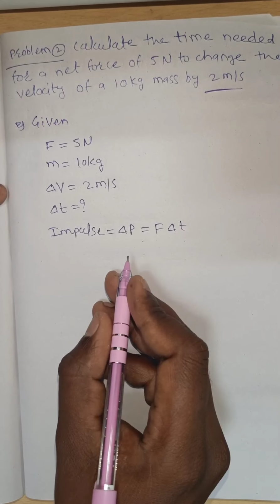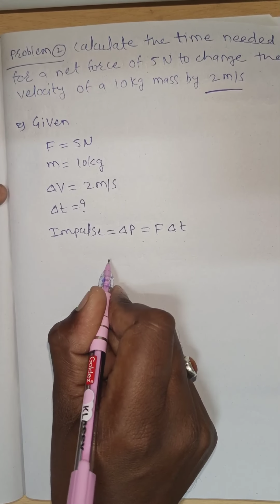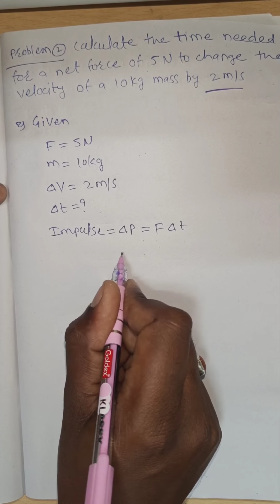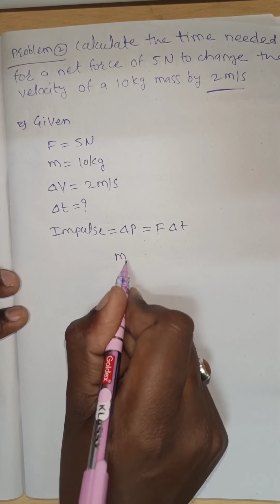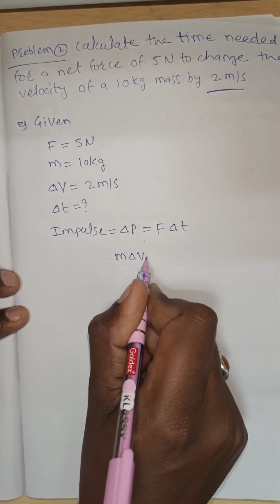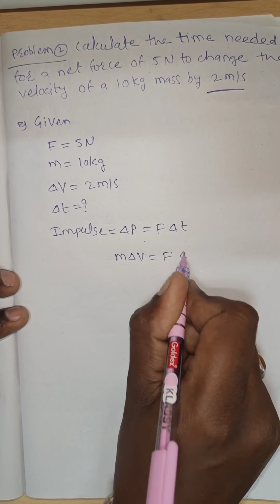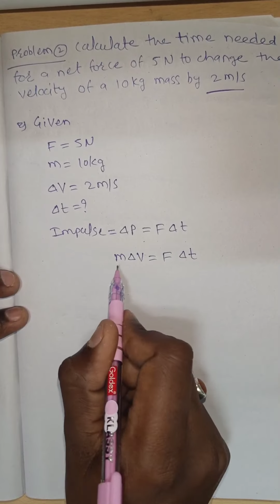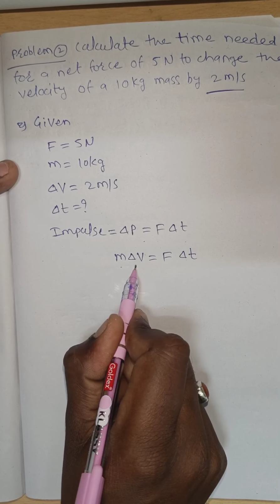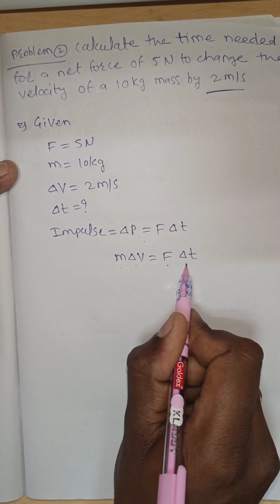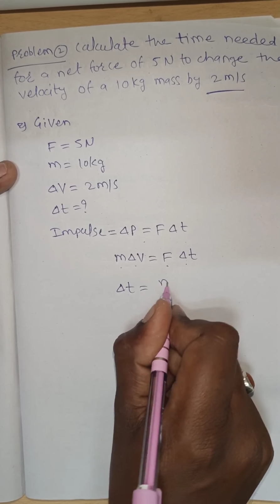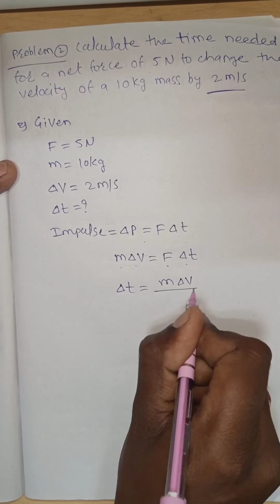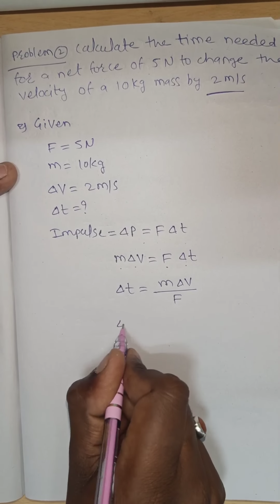Delta p means change in momentum, that is mass into change in velocity. So m delta v = F delta t. Therefore delta t = m delta v divided by F.